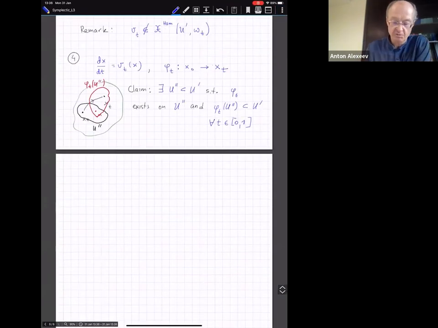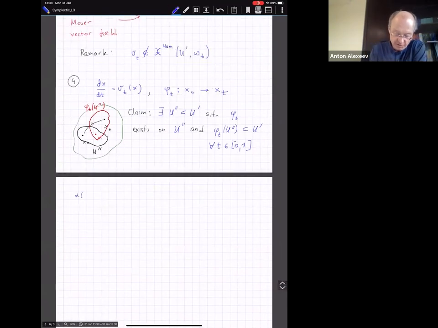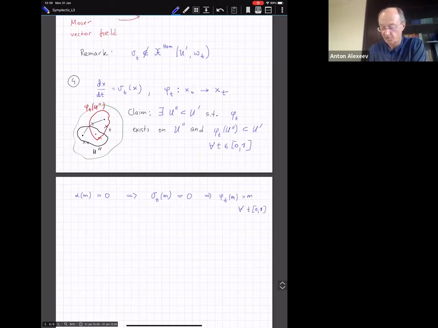So why would this be true? This is essentially because of the following considerations. So we know that alpha of m is 0, and this implies that the value of the vector field Vt at m is also always 0. This implies, of course, that phi t of m is simply m for all t. So the point m itself doesn't move.